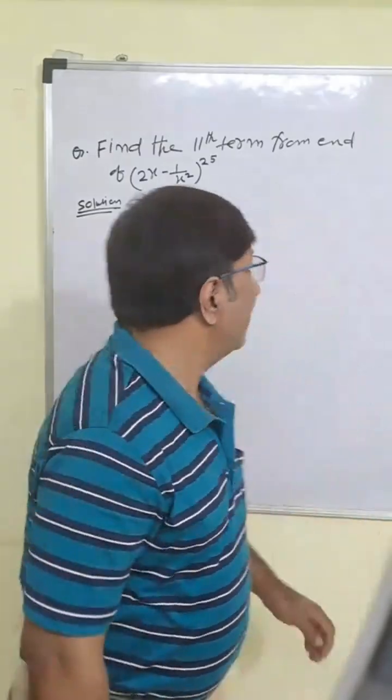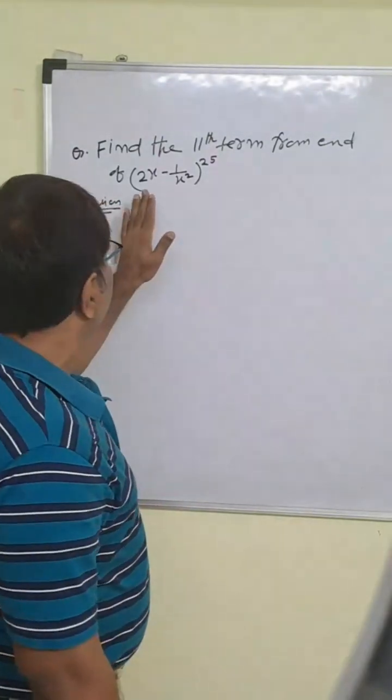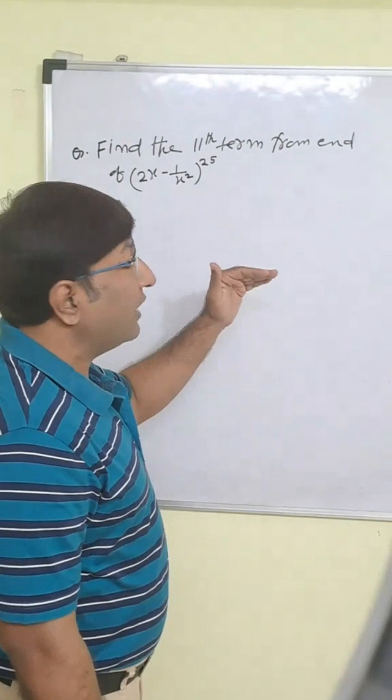Let's see the question. Find the 11th term from the end in the expansion of (2x − 1/y²)²⁵.